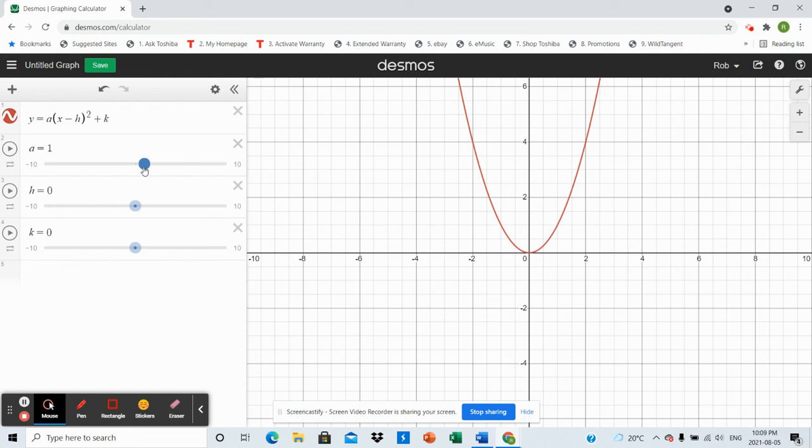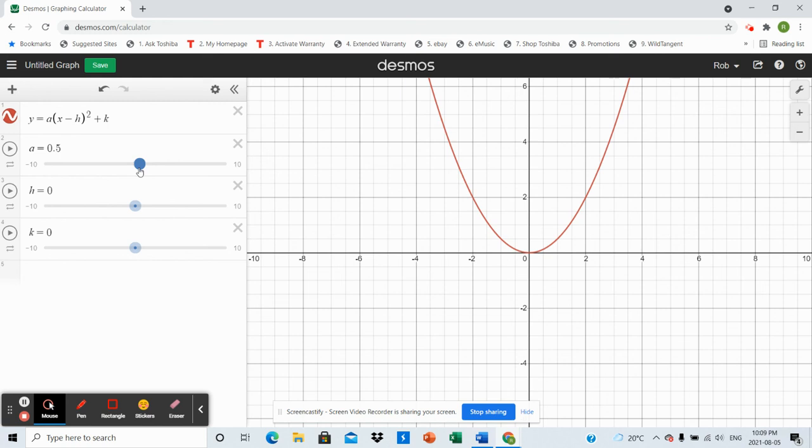Let's set a to 0.5 here, and you can see as I'm doing that, instead of stretching, it's getting vertically compressed.